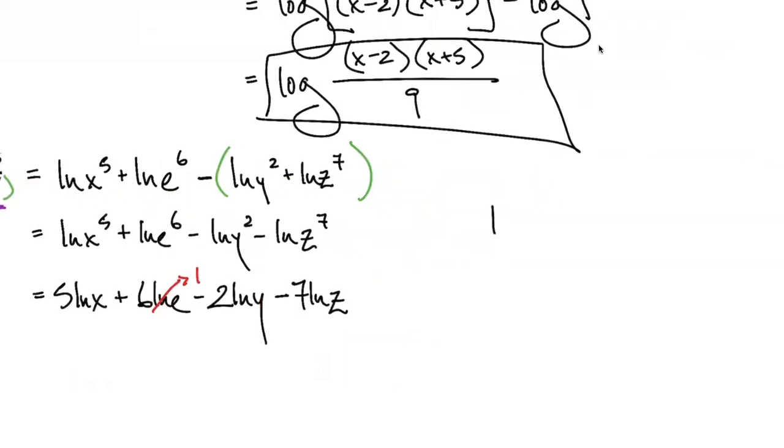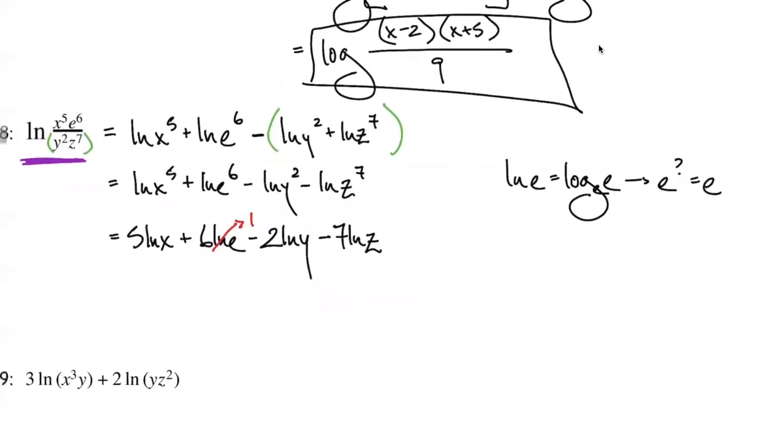Let's make a note over here. Natural log e is equal to log base e of e. So this is really saying e to what power equals e? Well, that's 1. So I can say that natural log of e is 1.